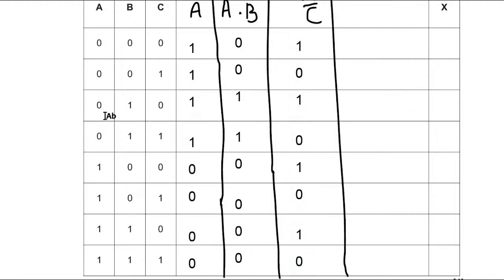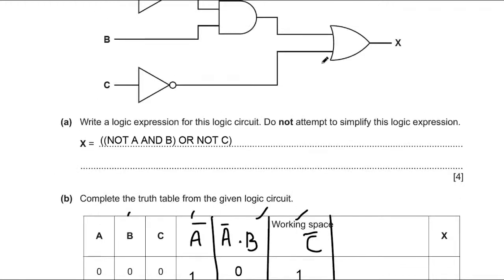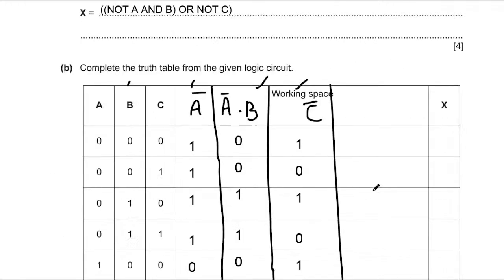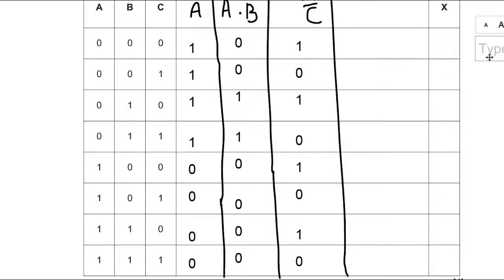And there you go. Now we are going to need this and this for x, and we are going to apply an OR gate between them. Okay, this is probably going to be a little troublesome.